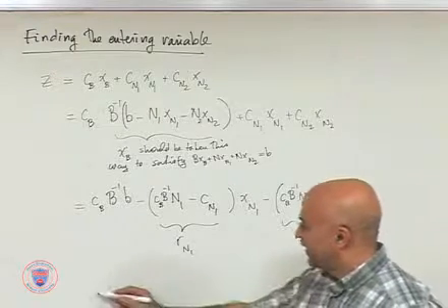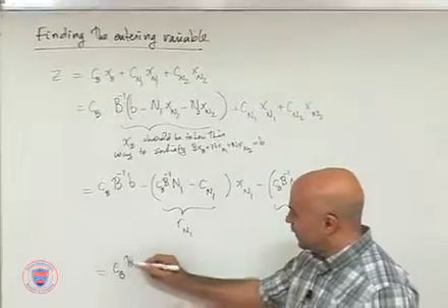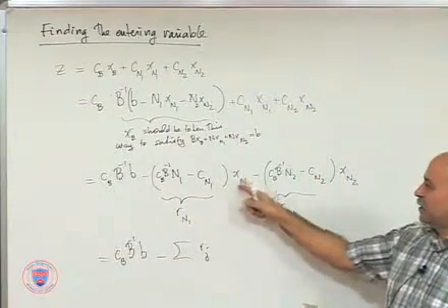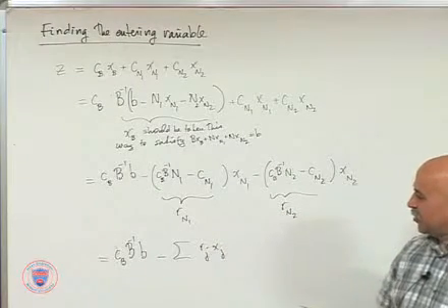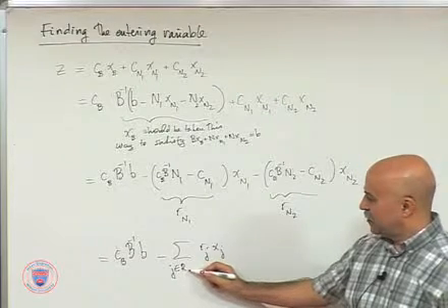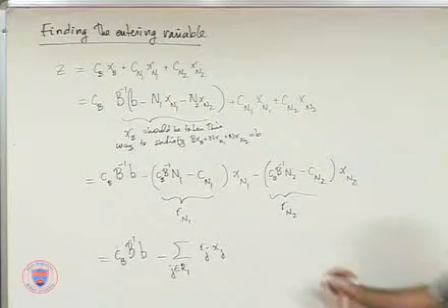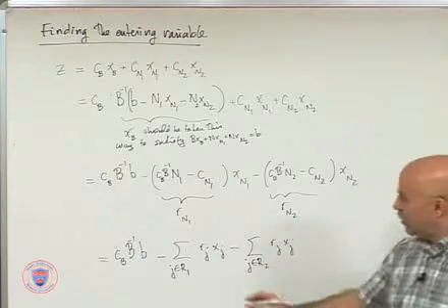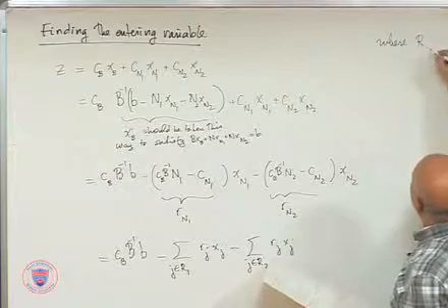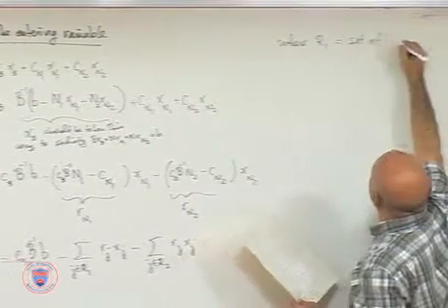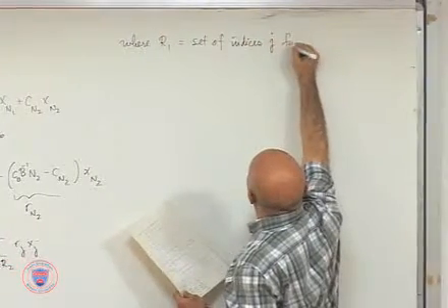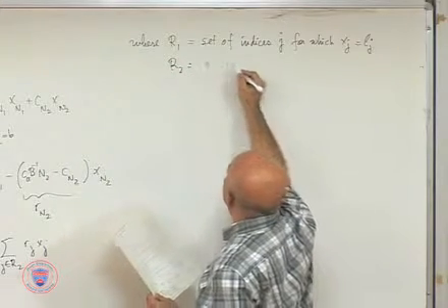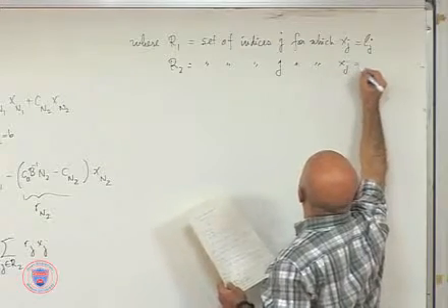Assuming that these are the reduced costs, what we have here is a constant minus summation rj xj, where j is restricted to the set of indices R1, minus summation rj xj, j restricted to the set of indices R2, where R1 is the set of indices j for which xj is at the lower bound, and R2 is the set of indices j for which xj is at the upper bound.